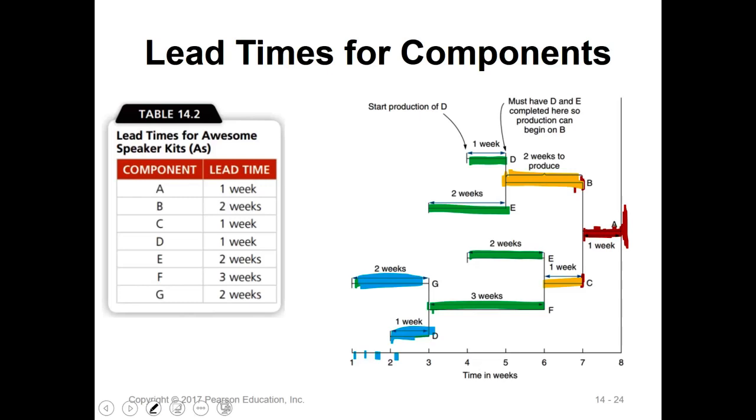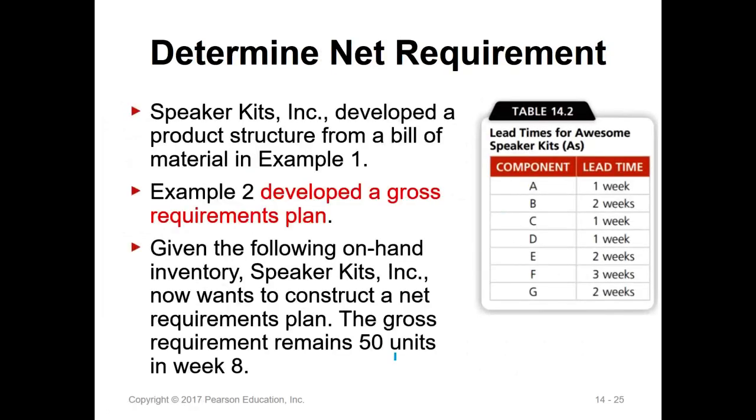You can have this picture or structure over here. And then we can use the information of lead time and the information of the demand level to provide a gross requirements plan.